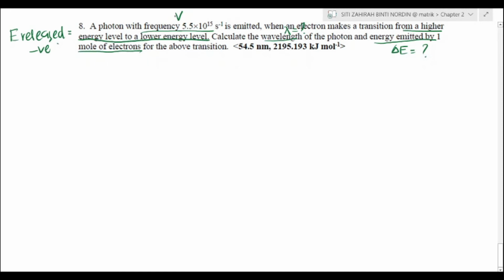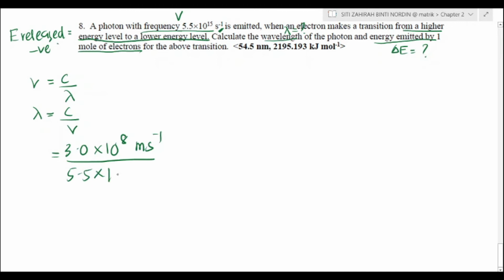So you are given frequency, and you want to find lambda. The only formula that you can use is v equal to c over lambda. Rearrange it, so lambda equal to c over v. 3.0 times 10 to the power of 8 meter per second divided by the frequency, which is already in per second, so you can use it straightforward: 5.5 times 10 to the power of 15 per second.